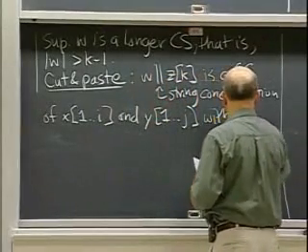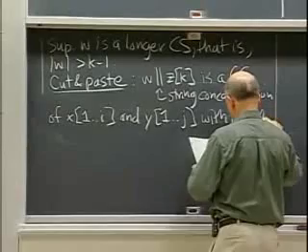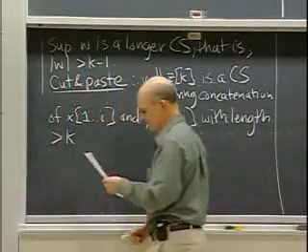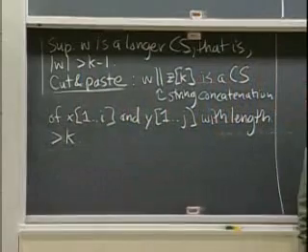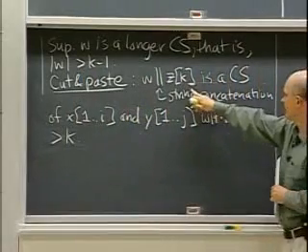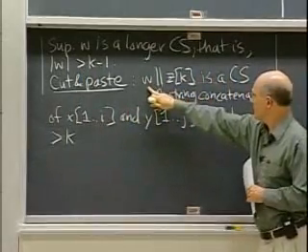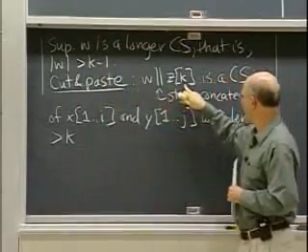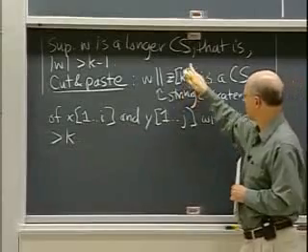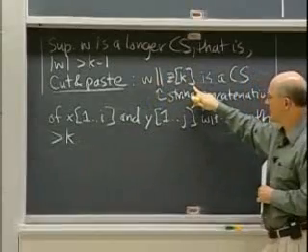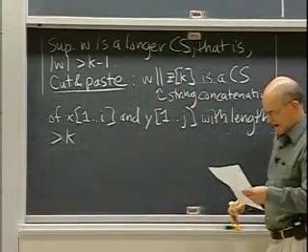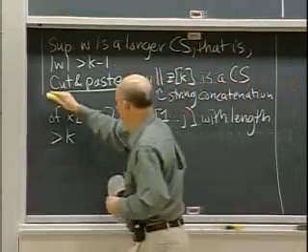And what is its length? The length of W is bigger than k minus 1. I add one character, so this combination now has length bigger than k. And that's a contradiction.